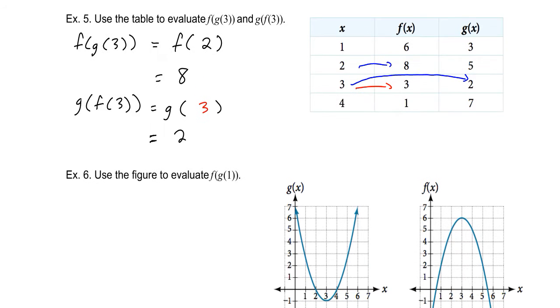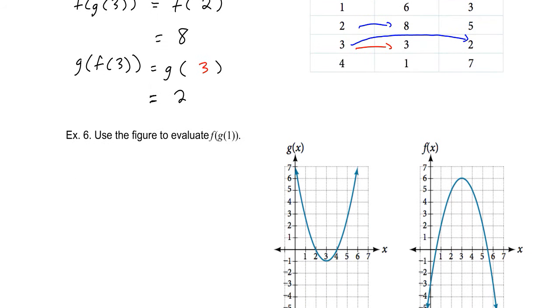Next we're going to use this figure. We want to find f of g of 1. That means the input to g is 1, and the output, based on this graph, is 3. So let's write that here.